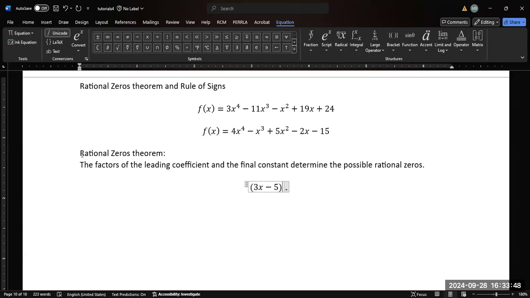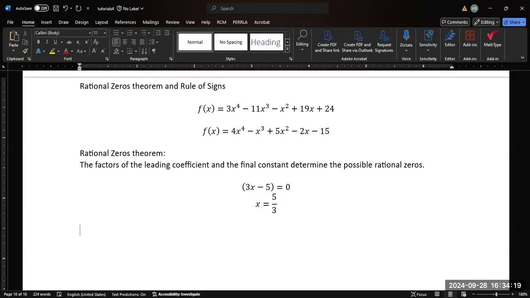If that's a factor of our polynomial, the 3 is a factor of whatever the leading coefficient is if you FOIL everything out, and 5 is a factor of the final constant after you factor everything out. We would set this factor equal to 0, and when we solve it, notice what's going to happen. We're going to put the 5 on the other side first, and then divide by the factor in front of x. So this is the general format we're following.